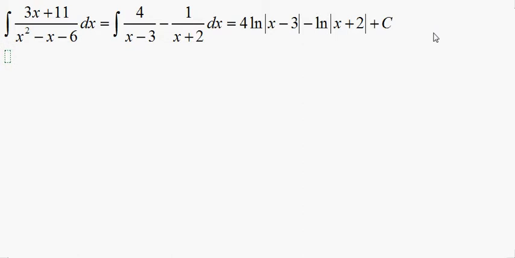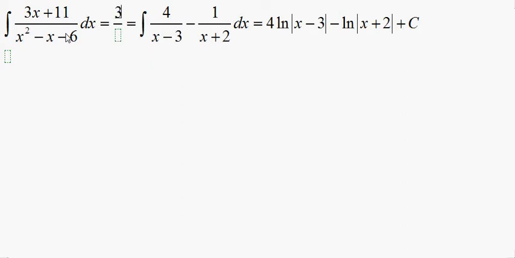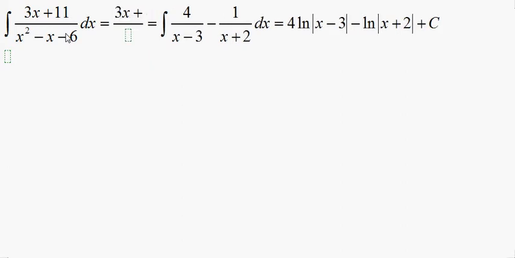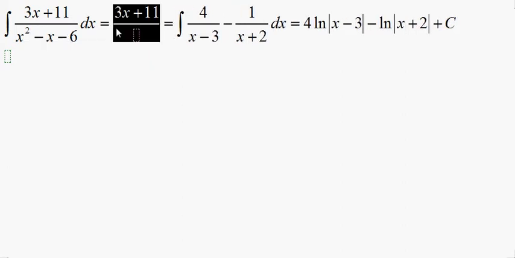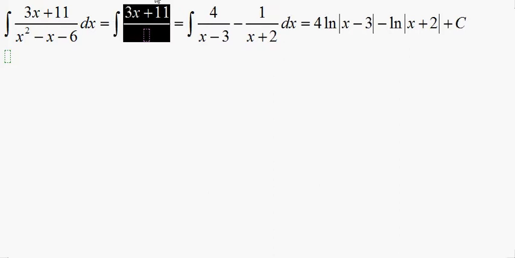Now, here are the rules, so to say. Basically, if we insert something in here, what you do is you factor the denominator. Let me put this in an integral sign.